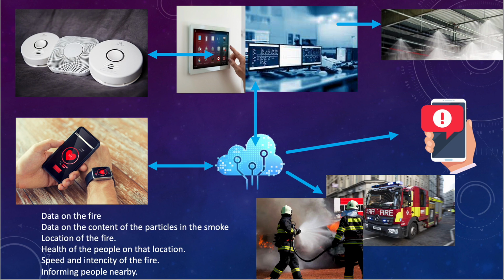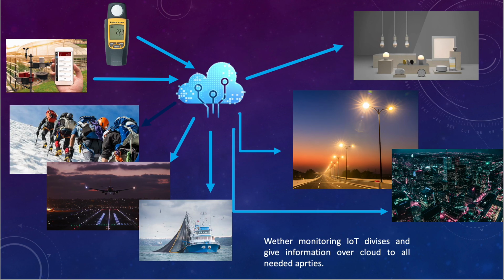Then, in another example, we talked about how a specific IoT system which delivers a specific purpose or monitors the weather, that particular set of data, can be used in different scenarios or different domains.